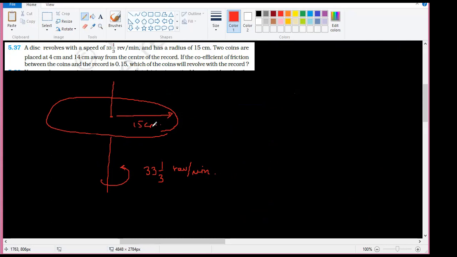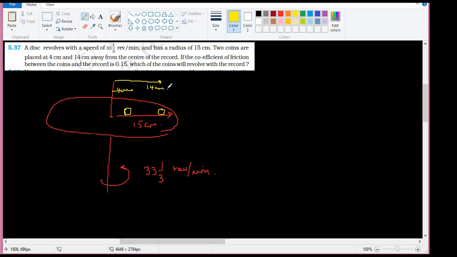Two coins are placed at 4 centimeters and 14 centimeters away from the center of the record. So one is at 4 centimeters, and one is at 14 centimeters.